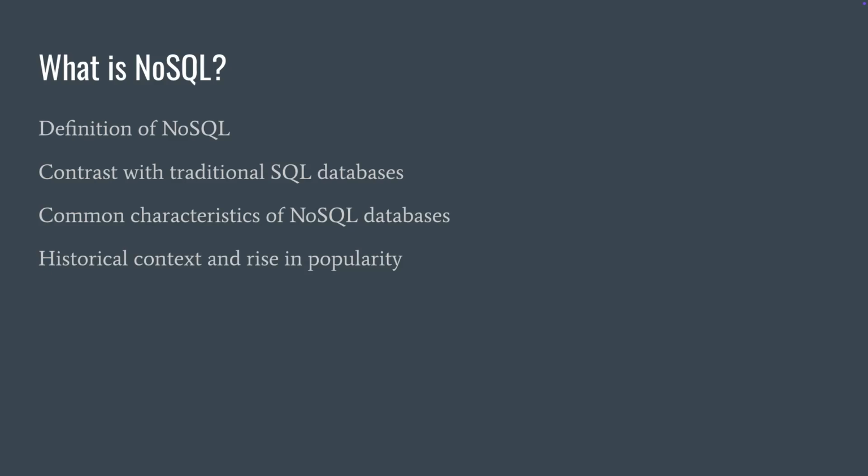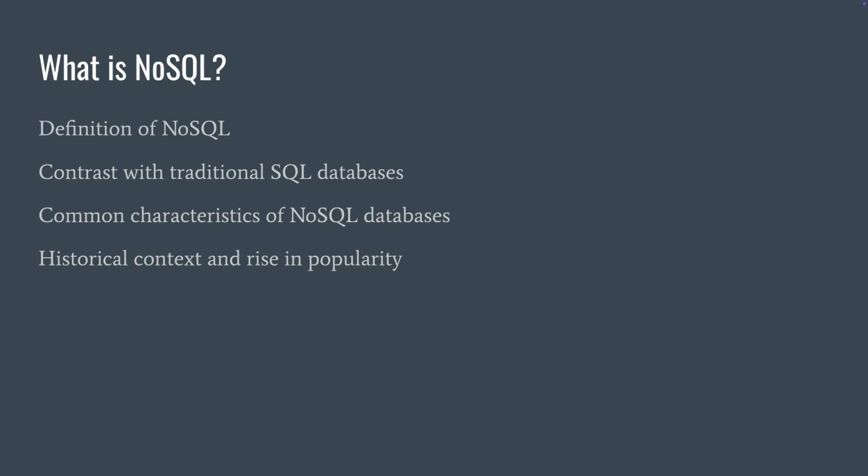Most NoSQL databases do not rely on fixed schemas like relational databases do, and they are built to scale out horizontally across clusters of machines. They're designed for flexible data models, allowing documents, key value pairs, wide column structures, or graphs.